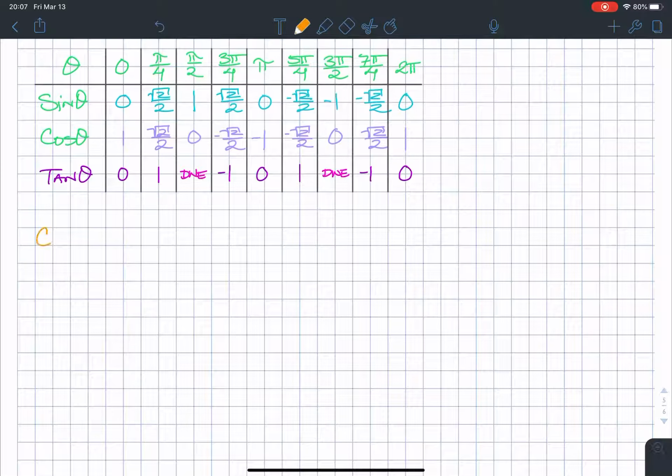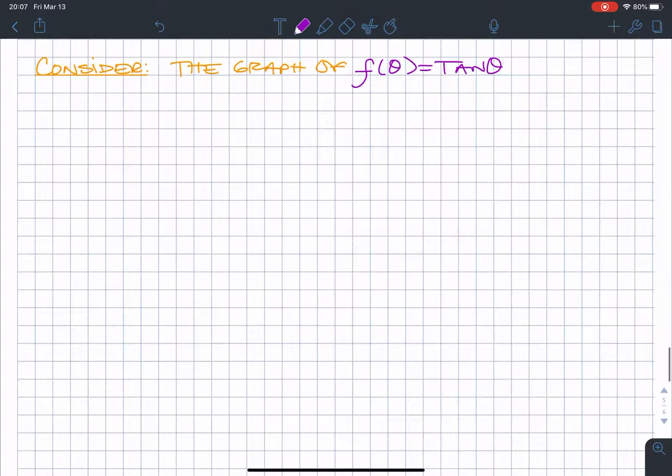So let's consider the graph of, now let's do f of theta is equal to tangent of theta. So once again, theta versus f of theta coordinate axes.